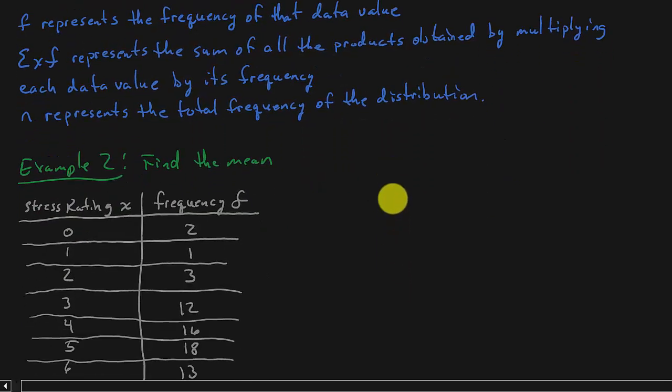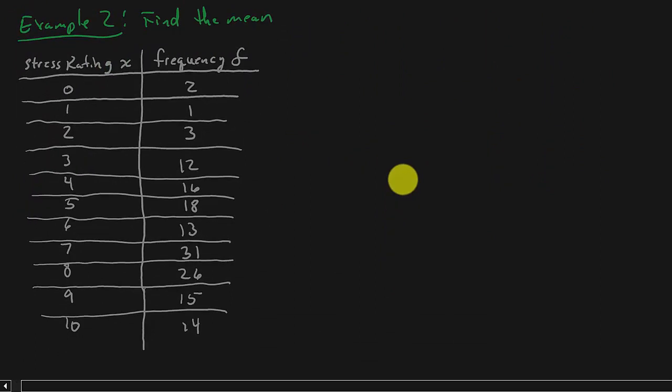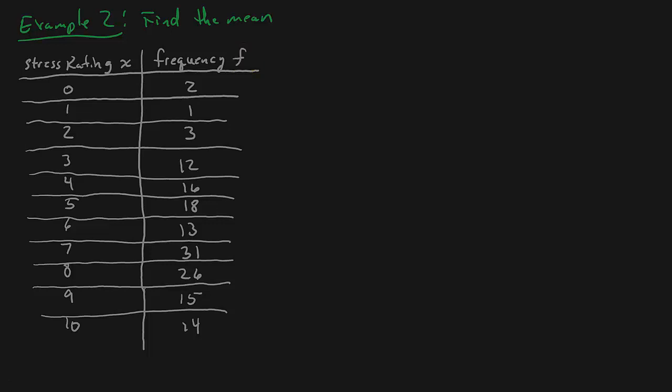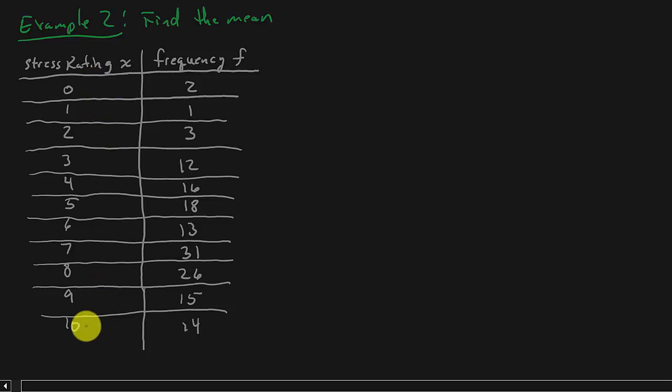Here we have a frequency distribution, and we want to find the mean. I know it doesn't look like it, but that right there is an F, and F means frequency. I think it helps to understand what's going on. We could add all these up and divide by however many there are.